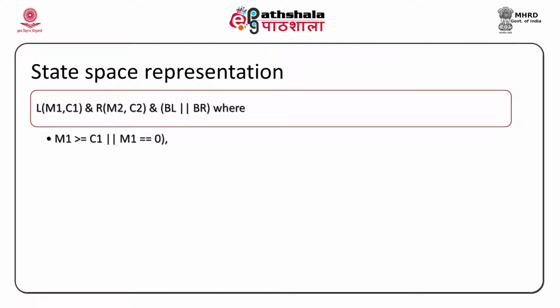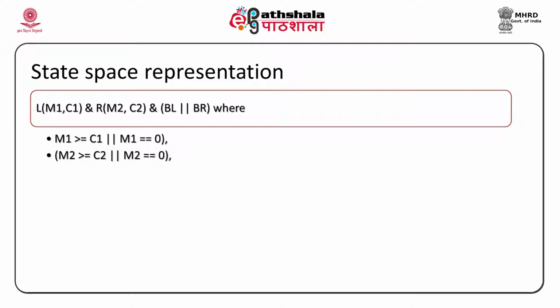If you write a mathematical equation while representing the real world, this is tricky. Please remember to write M1 equal to 0, otherwise you cannot solve this problem, because when the number of missionaries becomes 0, you can have 2 or 3 cannibals, no problem, because there is no missionary to eat. Similarly, M2 is greater than or equal to C2, or M2 equal to 0.